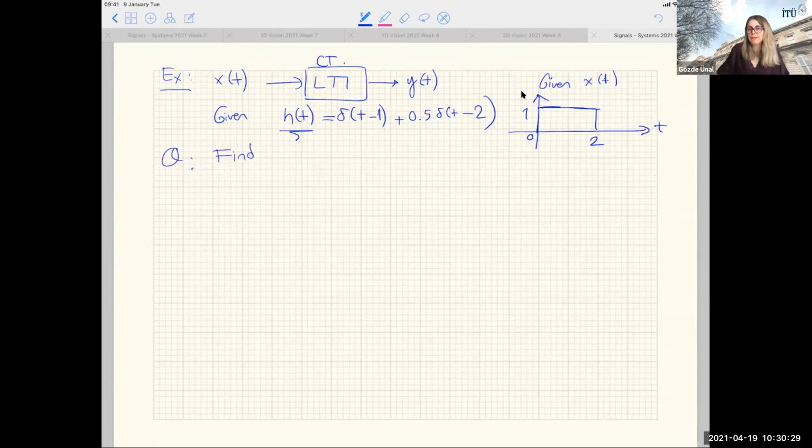How would you go about it? Things look manageable, these signals are manageable through simple mathematical manipulations.